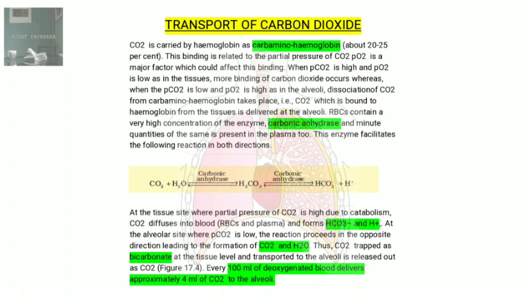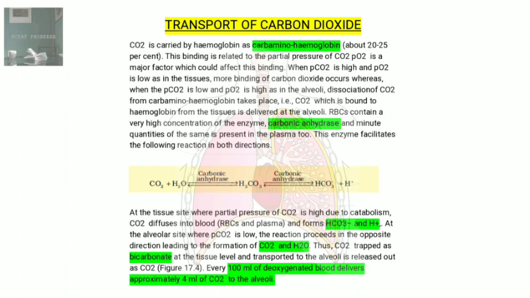RBCs contain a very high concentration of the enzyme carbonic anhydrase, and minute quantities of the same is present in the plasma too. At the tissue site where partial pressure of CO2 is high due to catabolism, CO2 diffuses into blood, RBCs and plasma, and forms HCO3- and H+.